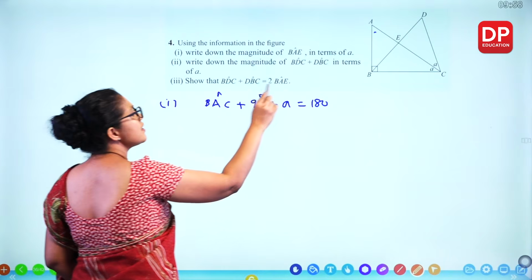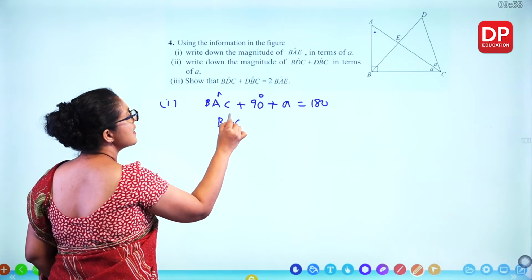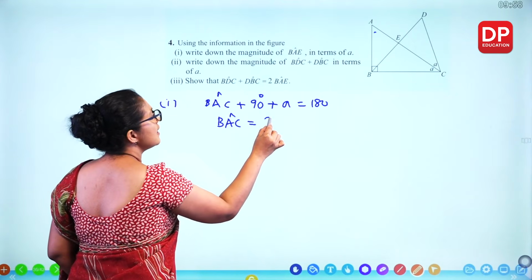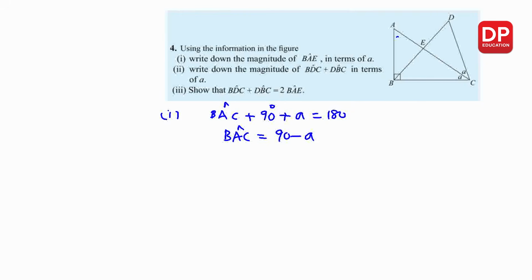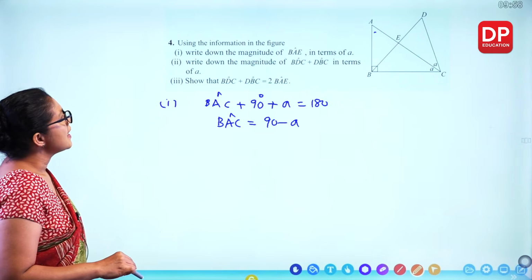When you take 90 to the other side and A to the other side, BAC is 180 minus 90, 90, and minus A, because when you take A to the other side, it becomes minus A. So that's 90 minus A.